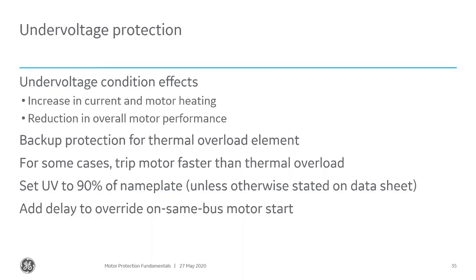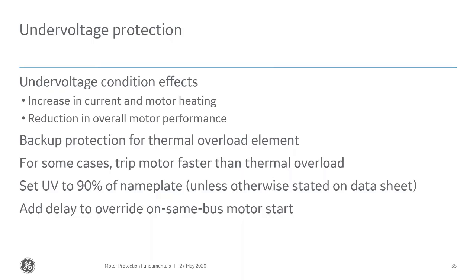Now, on this particular element, undervoltage protection should be used with caution. And the reason I say that is because the undervoltage element can misoperate. If you have a system condition, let's say you've got a really large motor that's starting, that's adjacent to the motor that you're protecting, and that motor drags down the bus voltage to 80%.